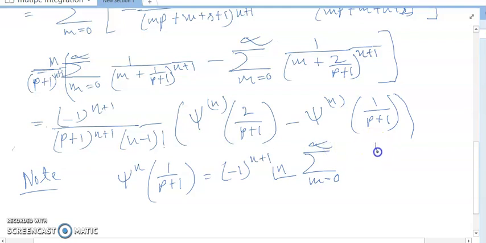So friends, the same formula I apply here. Okay, so I hope it is clear.